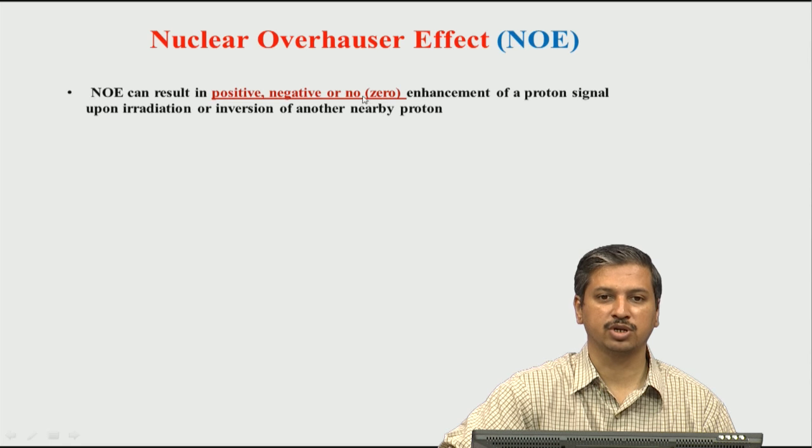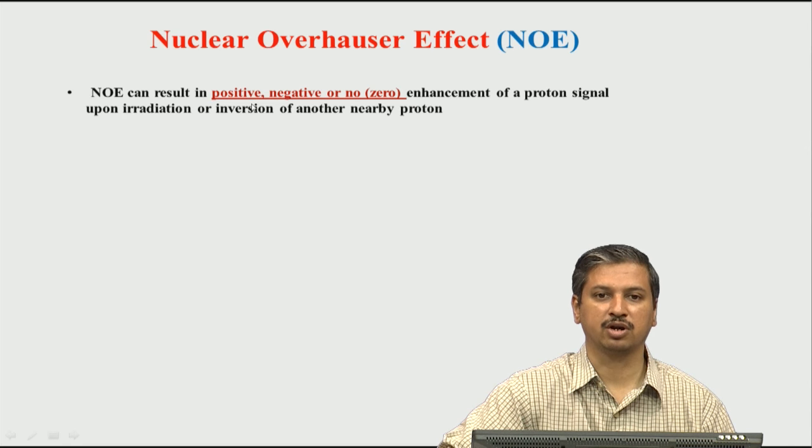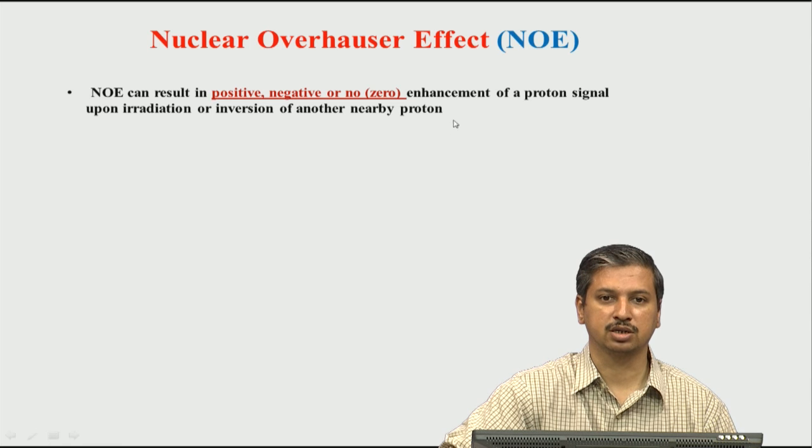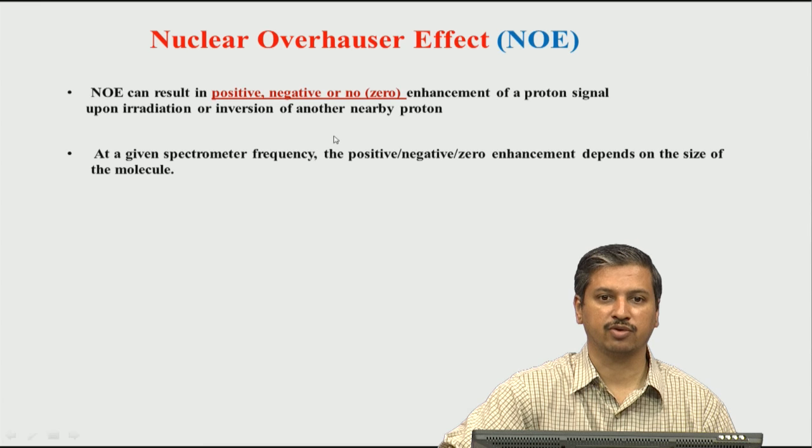No enhancement means there are two reasons: either the two hydrogens are not close to each other, or by chance it has a particular value of what is called a frequency, which results in a zero enhancement, meaning no effect. So, NOESY can fall into any of these three categories in terms of the intensity effect, how it is affected by a neighboring hydrogen.